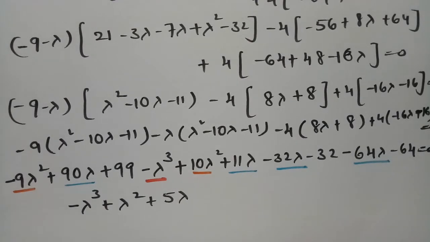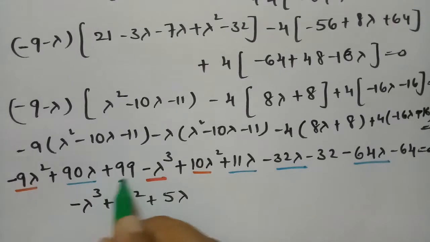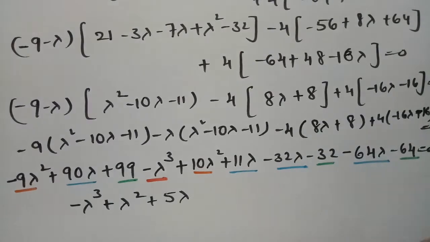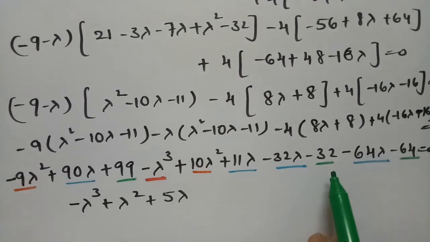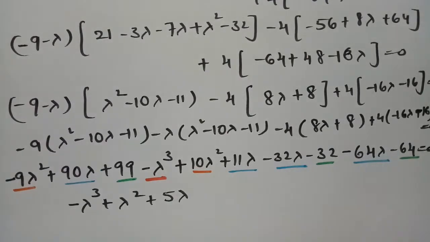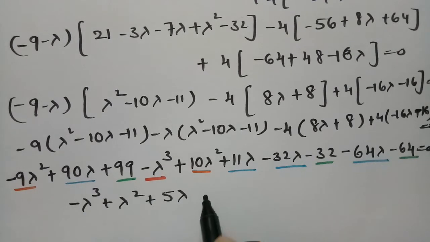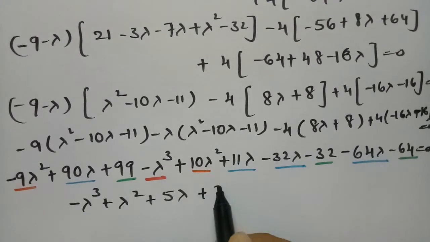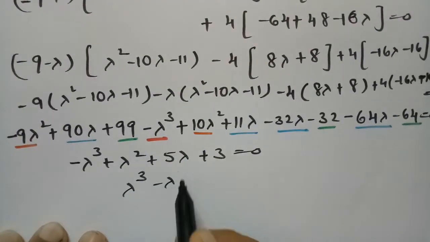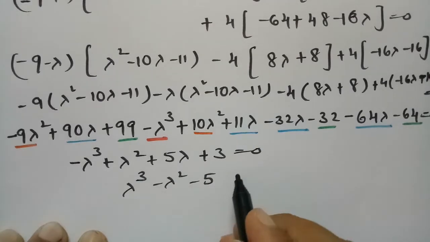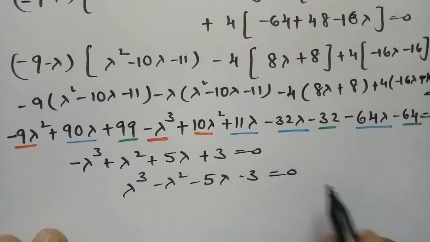And again, the constants: this is 99 plus 32 minus 64, so this is plus 3. So if I multiply with minus, this will be lambda cube minus lambda square minus 5 lambda minus 3 is equal to 0.